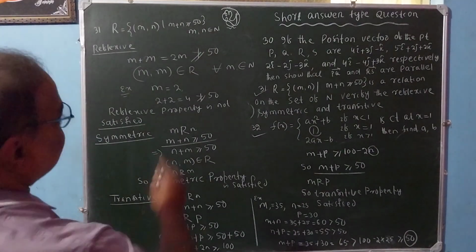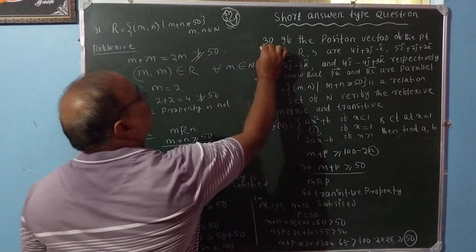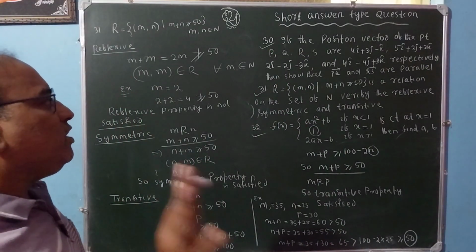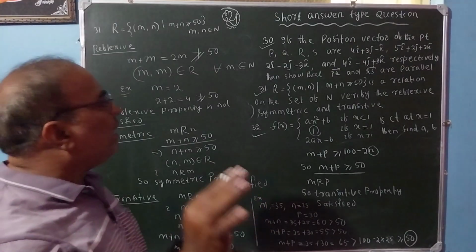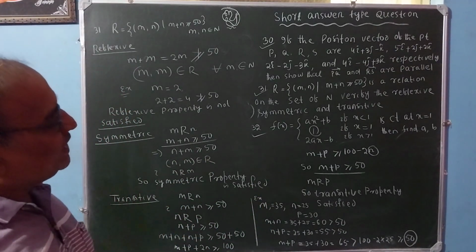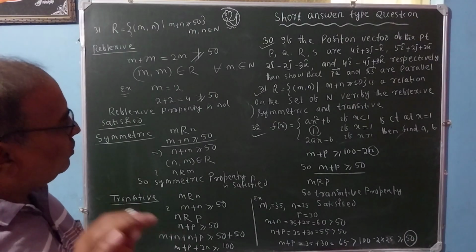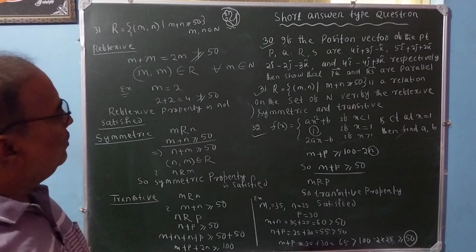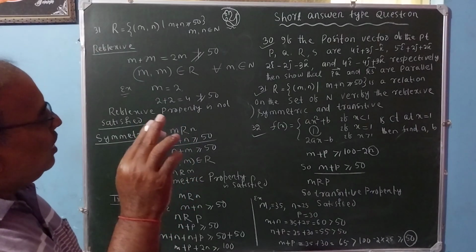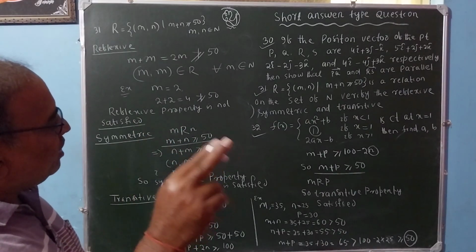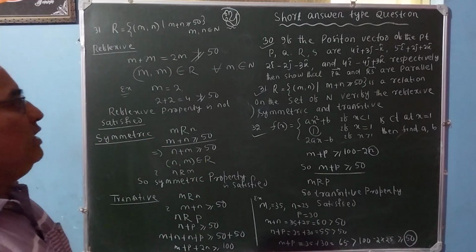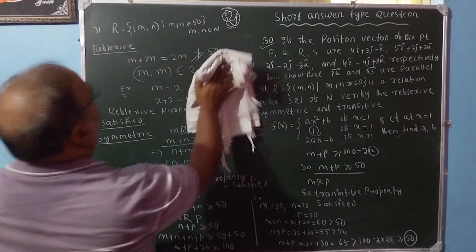Now we have to discuss question number 30. If the position vectors of the points P, Q, R, S are 4i cap plus 3j cap minus k cap, 5i cap plus 2j cap plus 2k cap, 2i cap minus 2j cap minus 3k cap and 4i cap minus 4j cap plus 3k cap respectively, then show that PQ and RS are parallel.